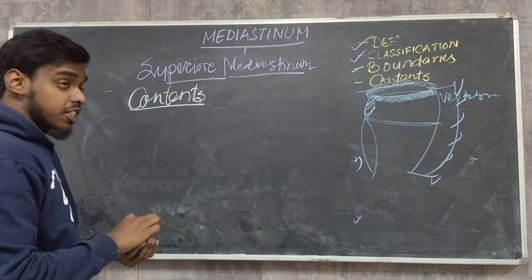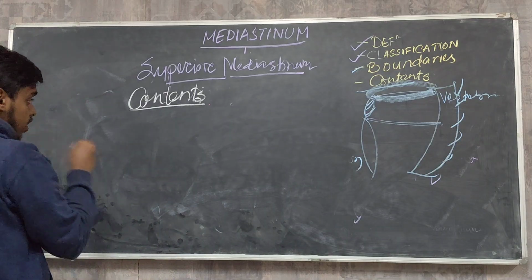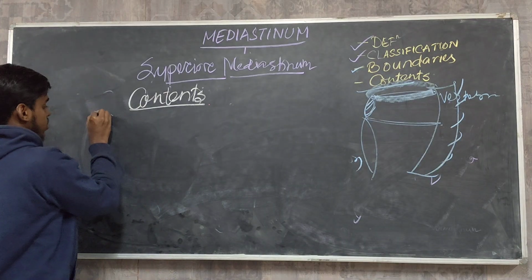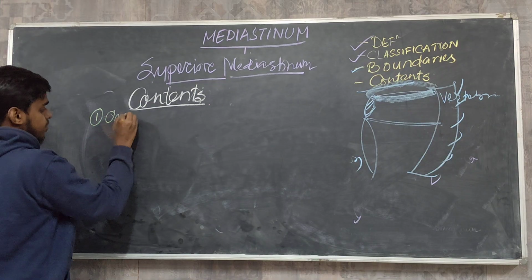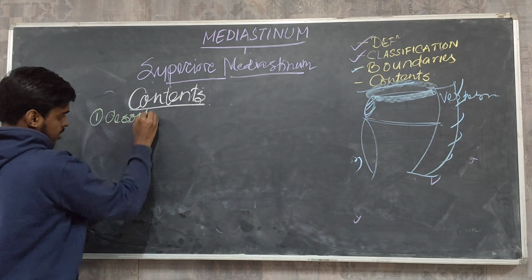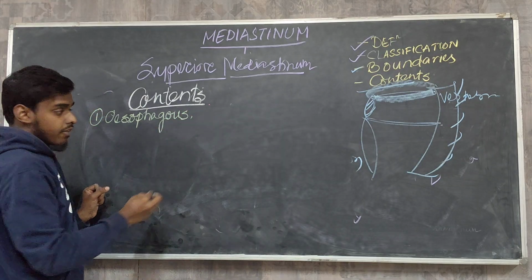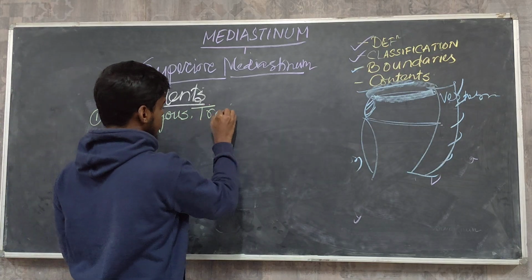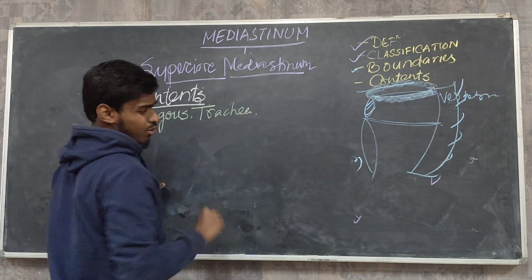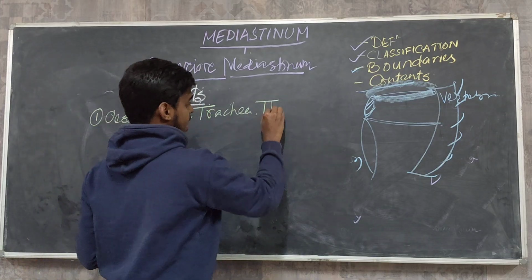So there are some structures that pass through the superior mediastinum, like esophagus, trachea, and one gland present, that is the thymus gland.